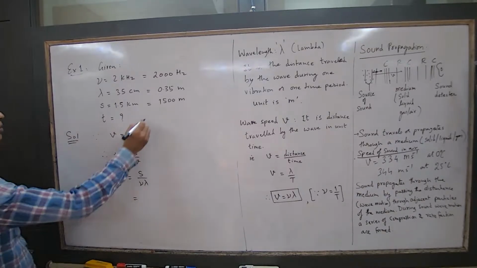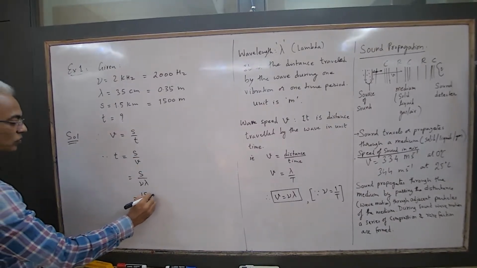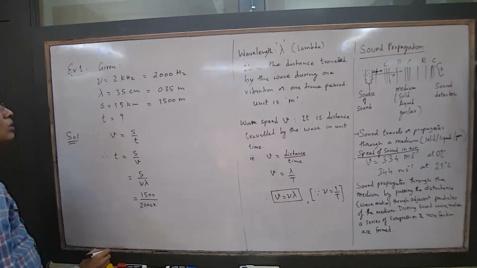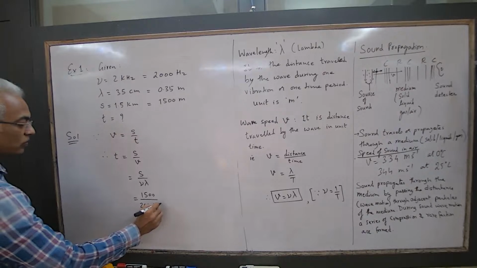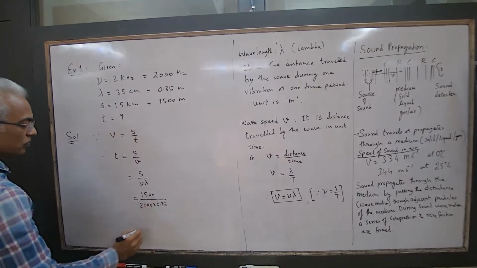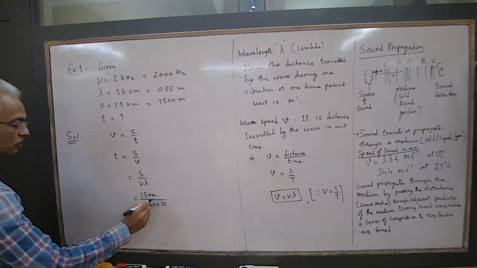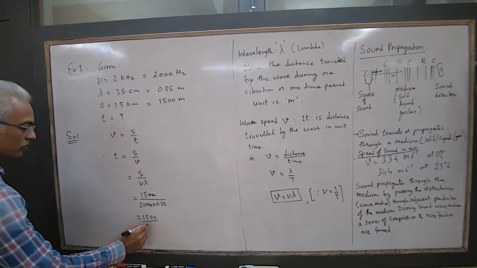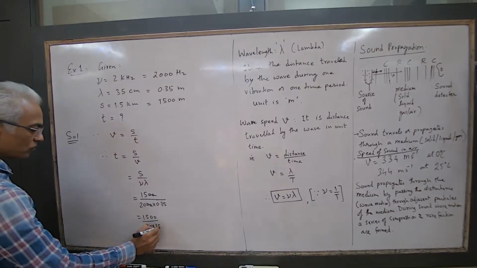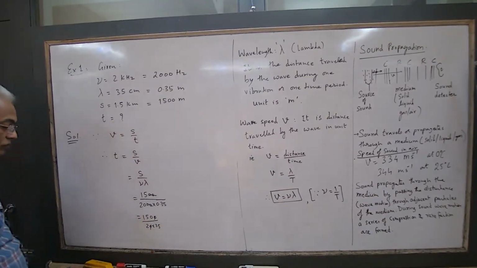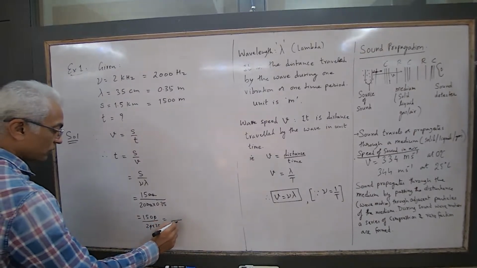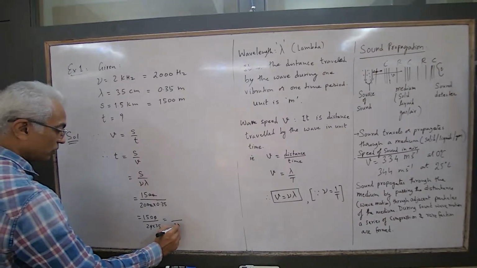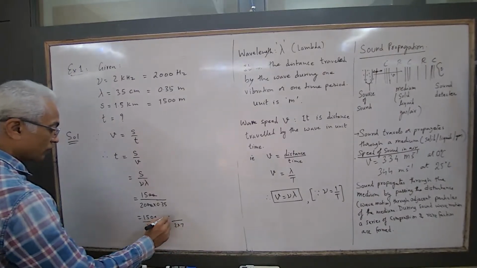So find out how much is the s? 1500. Mu is 2000. Lambda is 0.35. So solve it. This is 15. Again, these two zeros will go up. 5 sevens are 35. 2 into 7. 5 30.